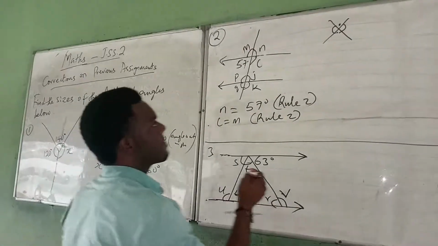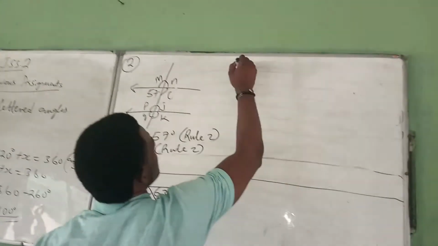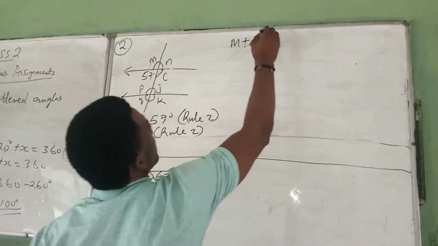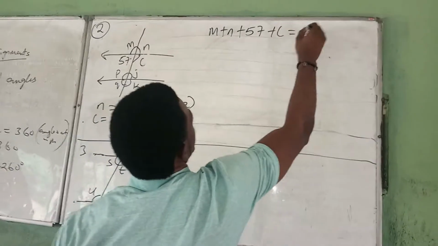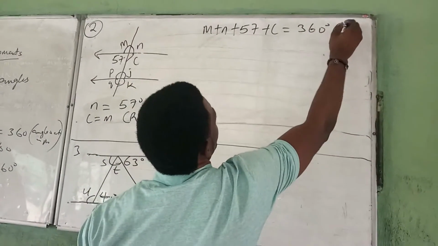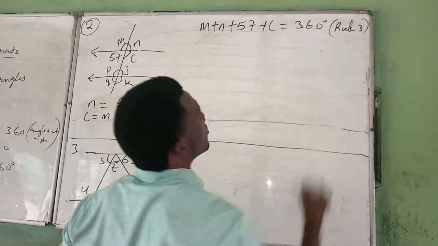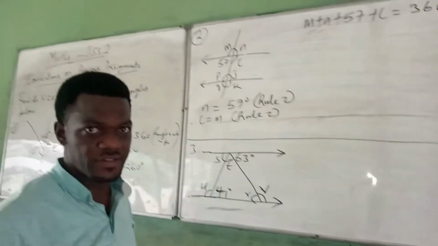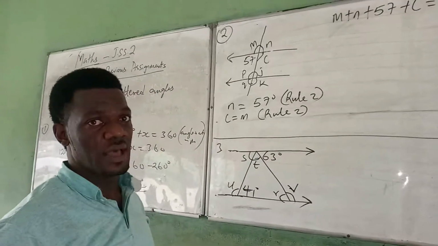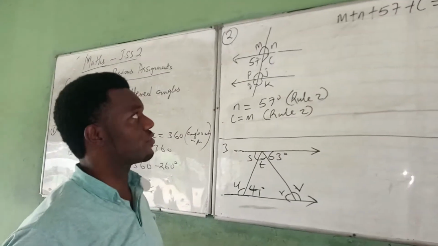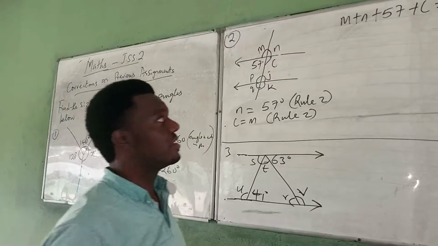So we can say that M plus N plus 57 plus L is equal to 360 degrees. Rule 3 says the sum of angles at a point is equal to 360 degrees.